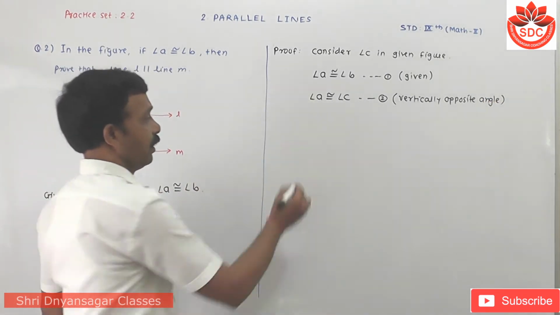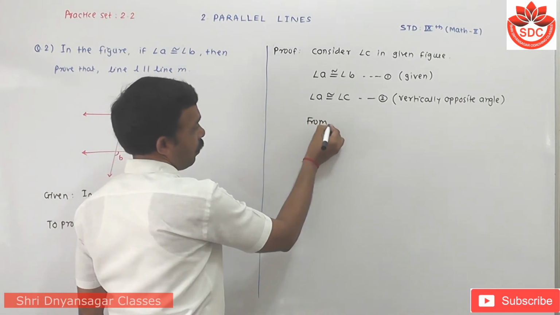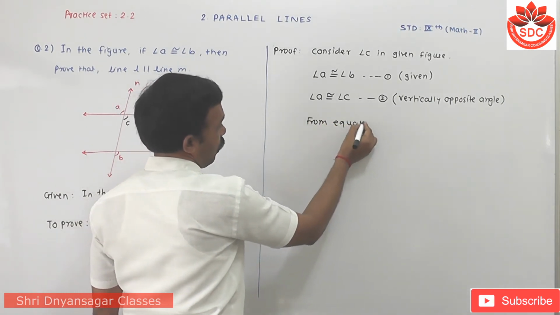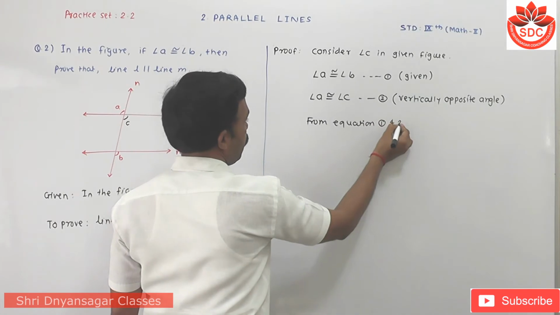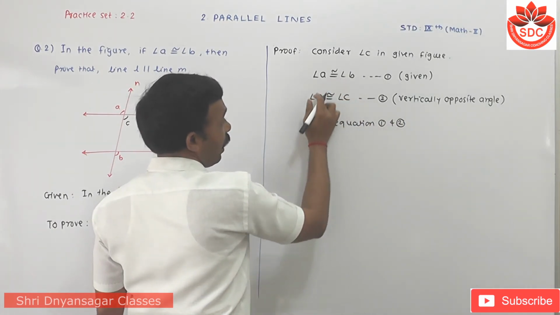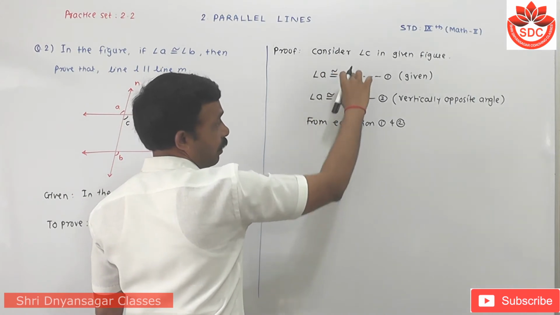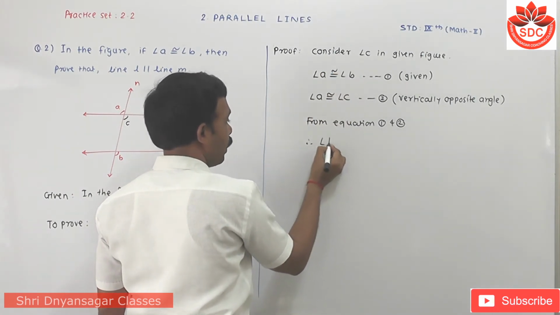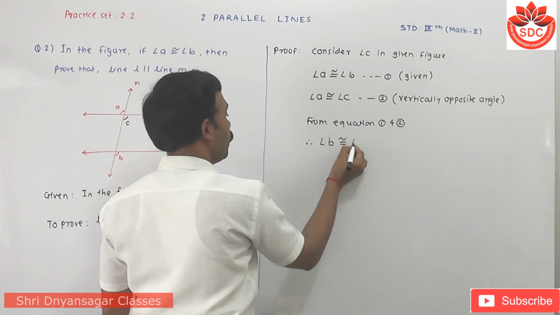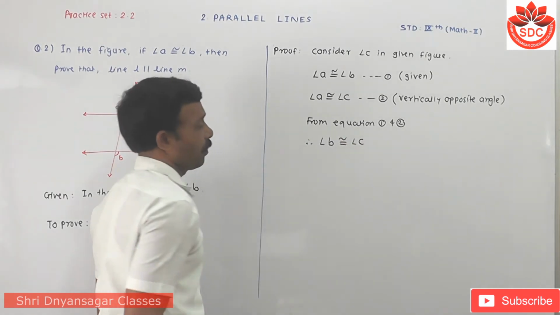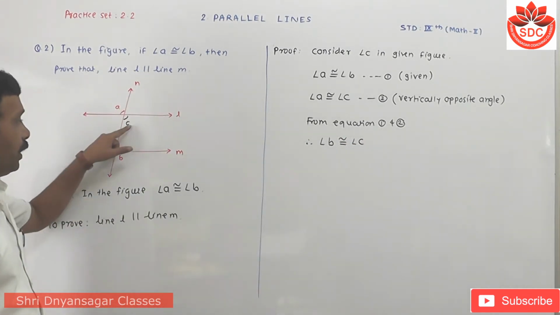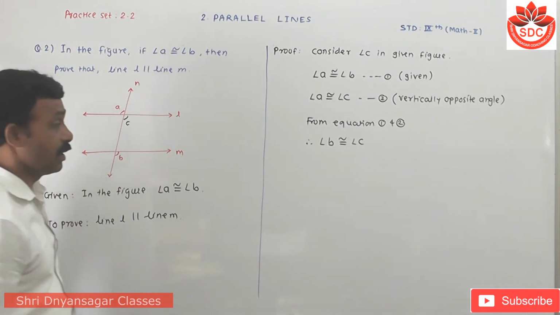Observe first and second from equation first and second. Angle A is congruent with angle B and angle A is congruent with angle C. Here A is the same, which means that B is congruent with angle C. Therefore angle B is congruent with angle C.